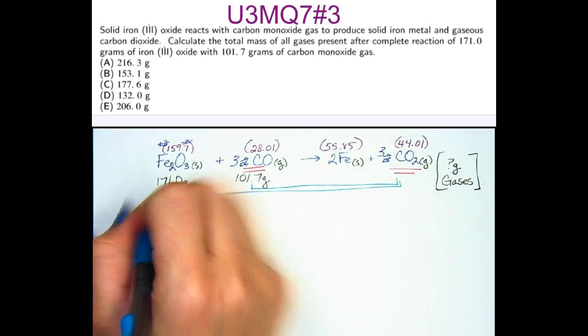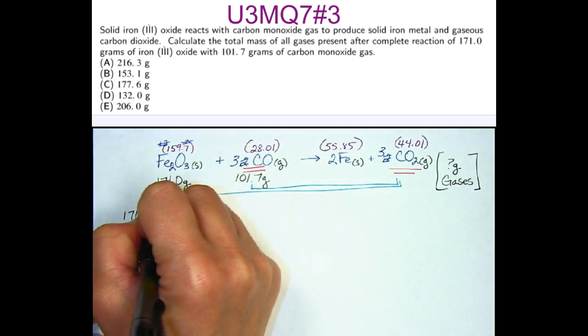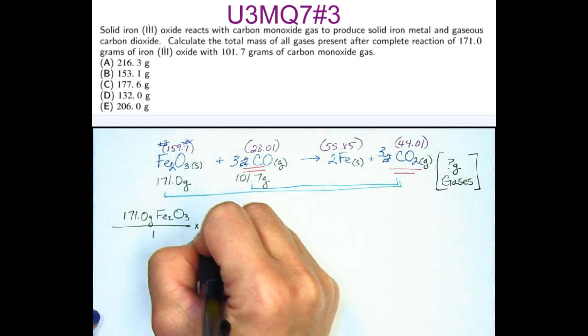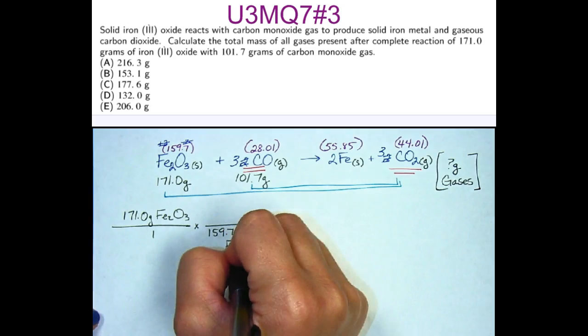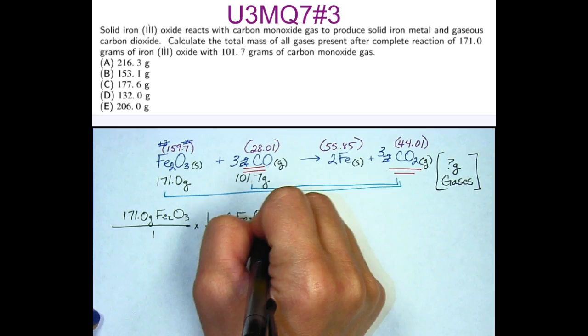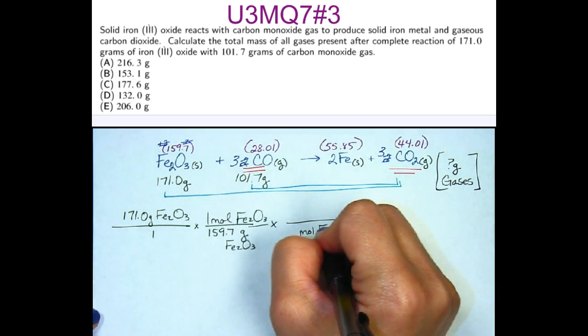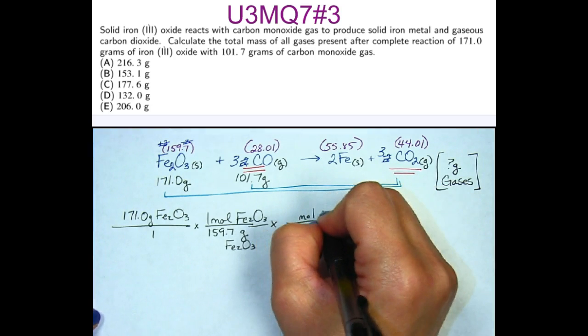So we'll start with this one, 171.0 grams of Fe2O3. The molar mass is 159.7 grams of Fe2O3, which equals 1 mole. And then we can do our mole-to-mole ratio between Fe2O3 and carbon dioxide.